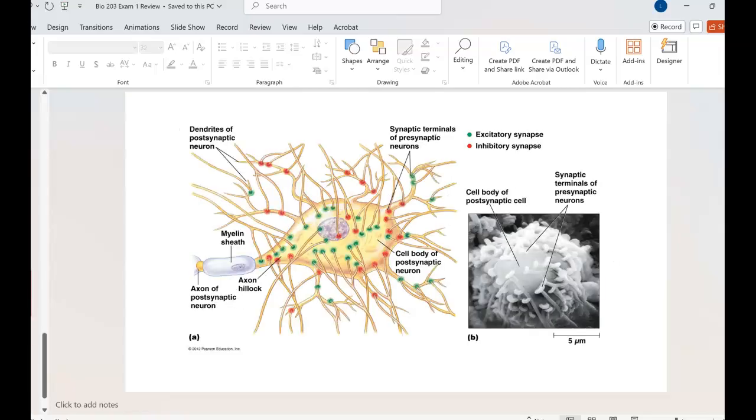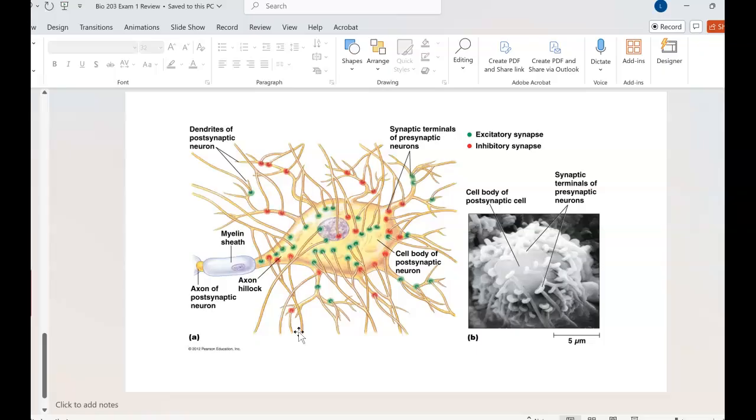So, one of the pictures that I showed you is this neuron that's receiving lots of information from other neurons. Some of those signals are going to be go, excitatory, some are going to be stop, where they're inhibitory. So it's kind of like the loudest noise is actually going to get that result.